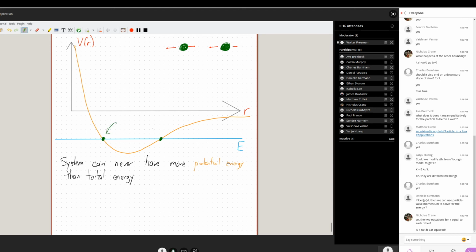These are called the classical turning points.